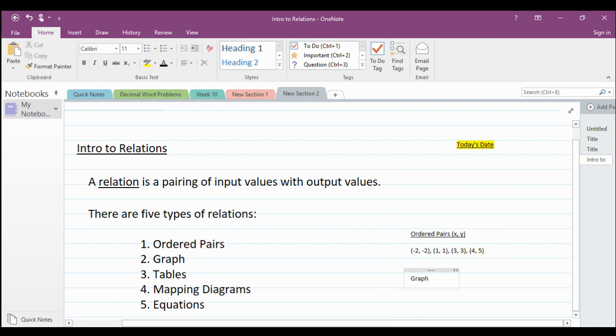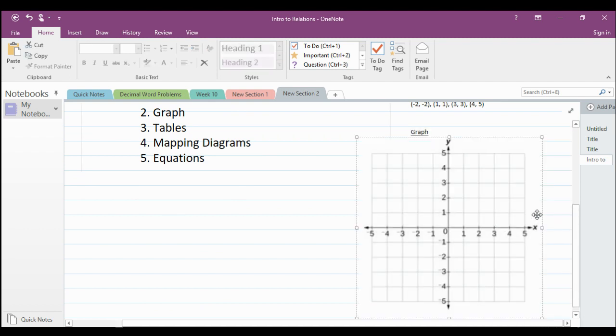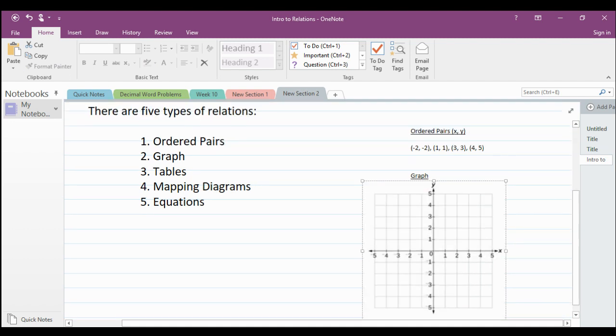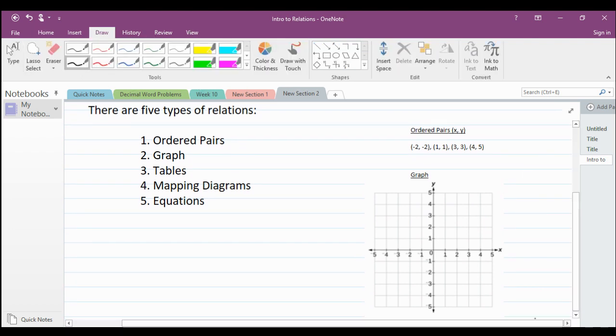From there, we can look at a graph. Let me get my graph over here so you can see it. And at this point, I'd like you to tape in the graph that I gave you in class into your notebook. And so what we're going to do is just graph those ordered pairs that we see there. I'm going to draw with my drawing tool here. I have (-2, -2).